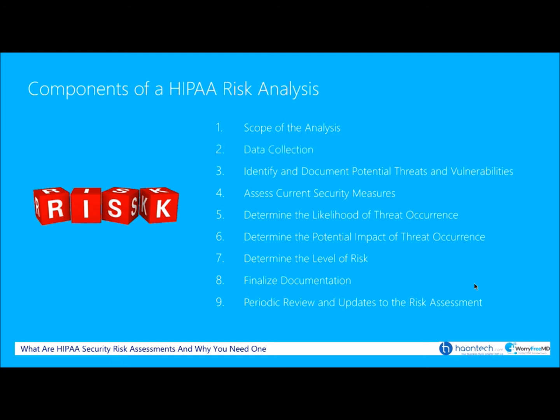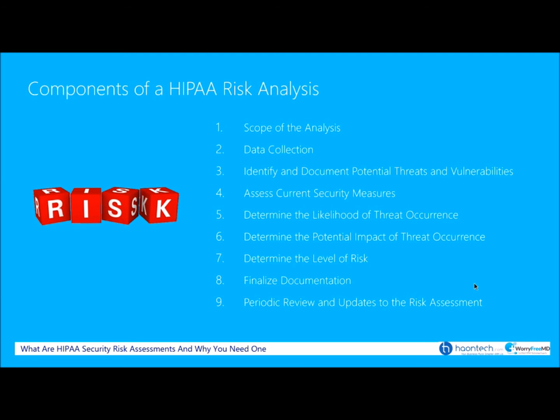Now, the data collection. As you're doing the risk analysis, everything has to be documented properly, and there's a way to document all of this information. Then with all the documentation, you're going to identify the potential threats and vulnerabilities. So as you're finding all this PHI scattered and as you're documenting it, you can't pass judgment while you're documenting it.